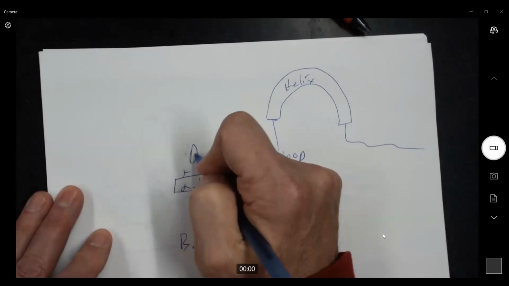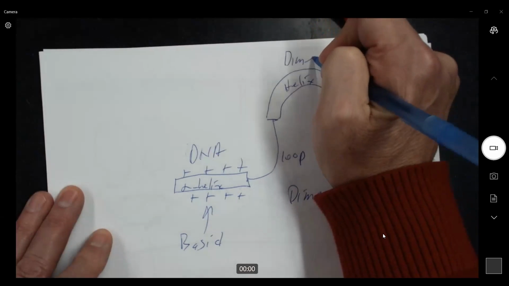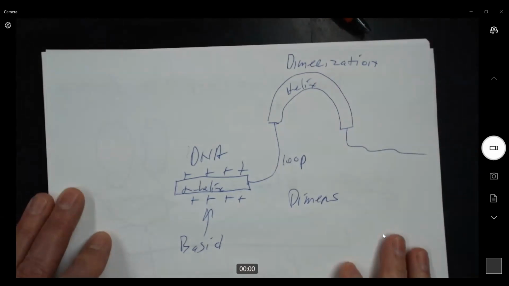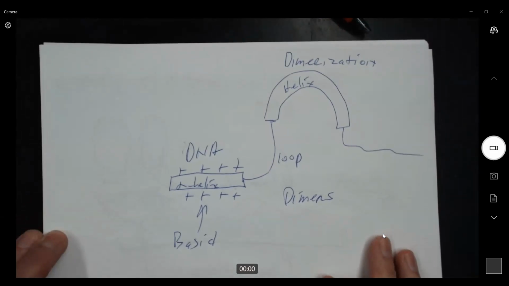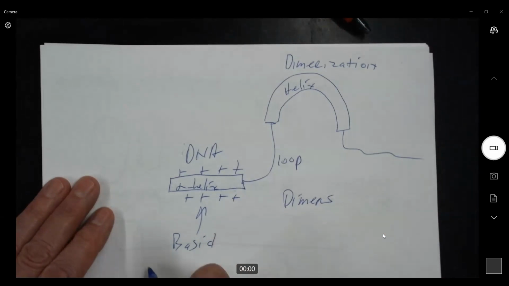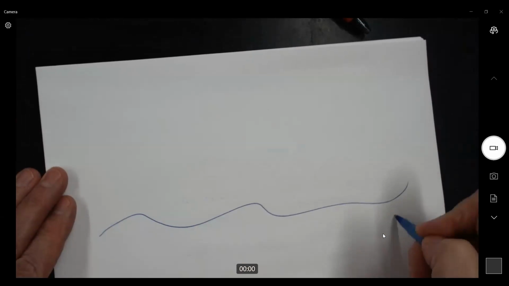This binds the DNA. This helps form the dimers. So you get this situation where one piece, oh, that's ugly.